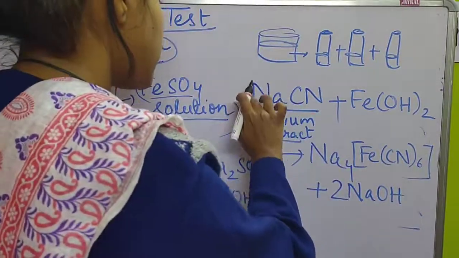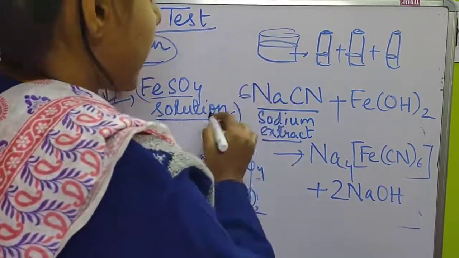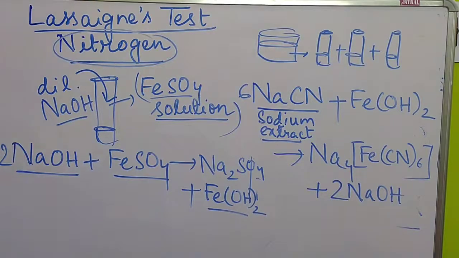Now you have to balance this: 6 NaCN plus Fe(OH)2. So from there we are getting Na4Fe(CN)6, which is known as sodium ferrocyanide, along with sodium hydroxide.